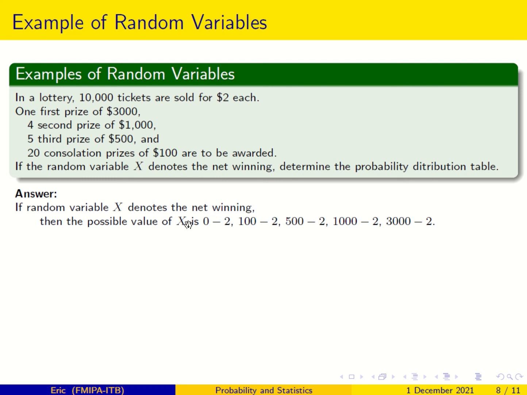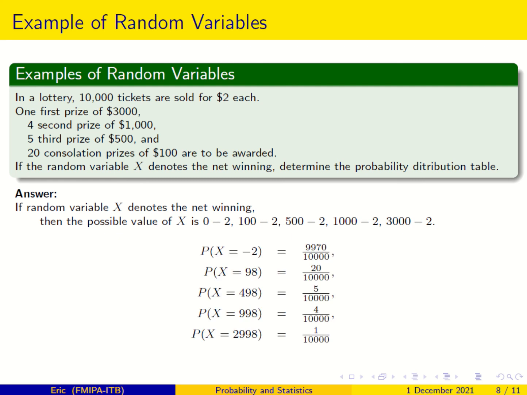Do you know how to compute the probabilities? The probability of minus 2, the probability when the random variable is 98, 498, 998, and 2998. You can check this. Maybe the easiest one first: when x equals 2998, it's just 1 out of 10,000 tickets.